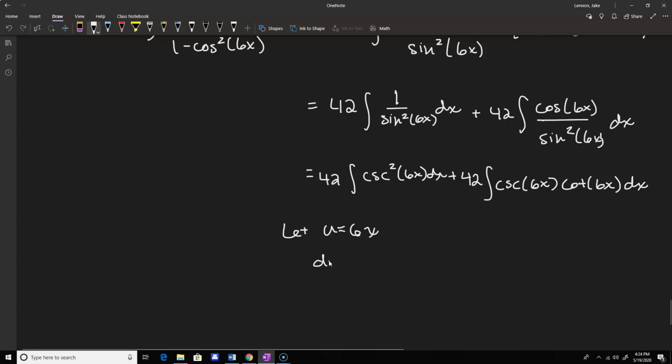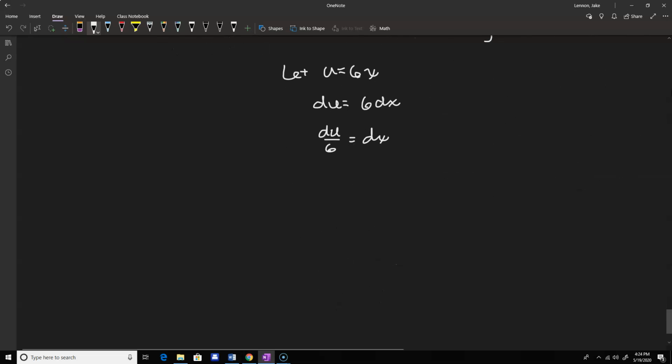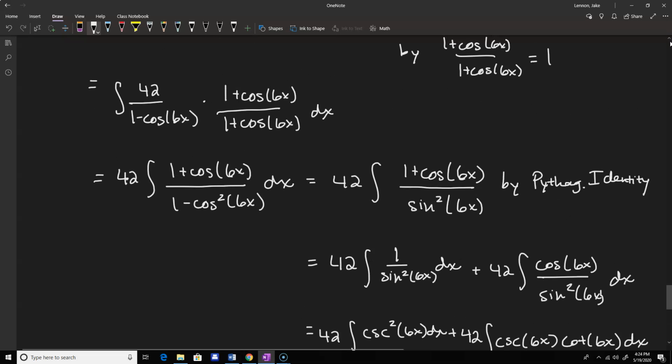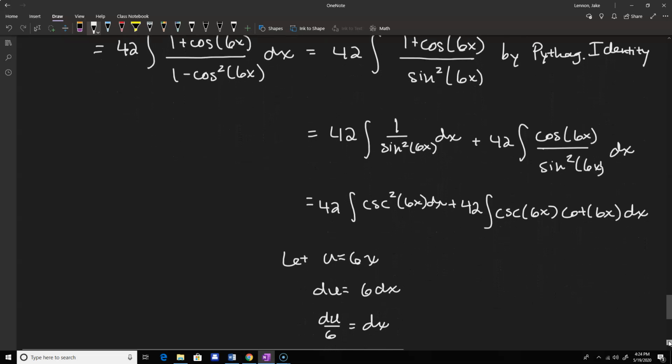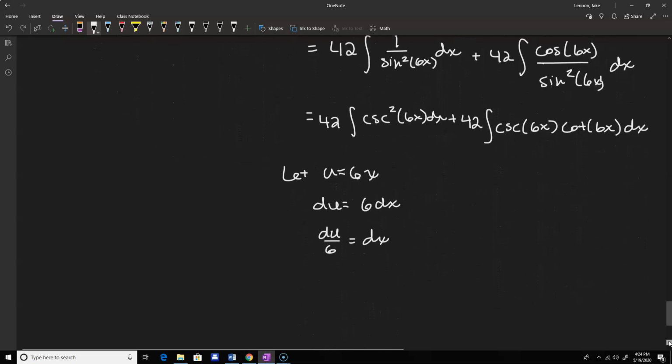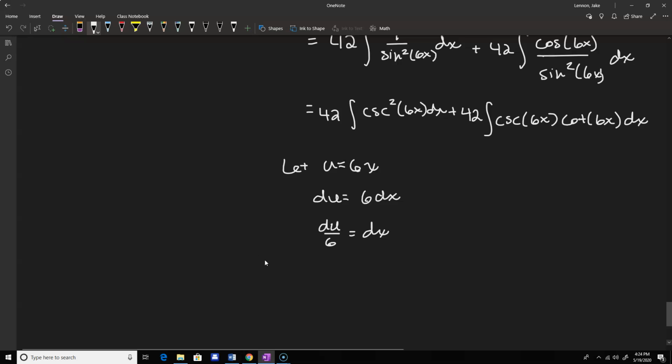Then du is equal to 6 dx. So du over 6 is the value of dx. So basically the 1/6 from the substitution is going to come out front, and that will cancel with the 42, right? 42 divided by 6 is 7. So we can rewrite these integrals now using the u substitution.